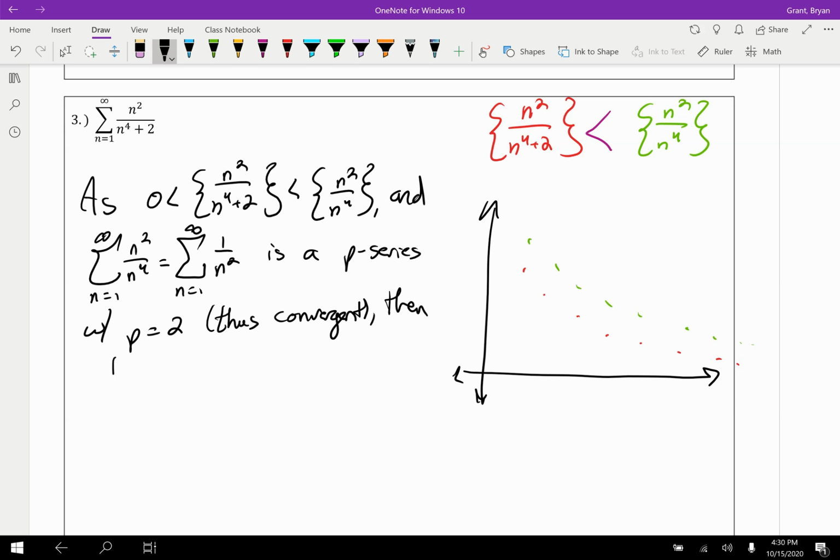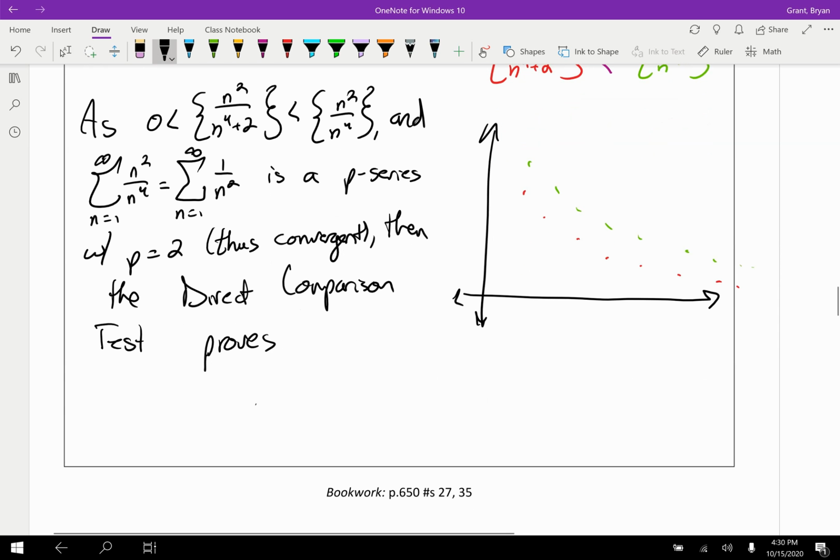Then the direct comparison test proves, what does it prove? Oh, it proves that the sum from 1 to infinity of n squared divided by n to the fourth plus 2 converges.